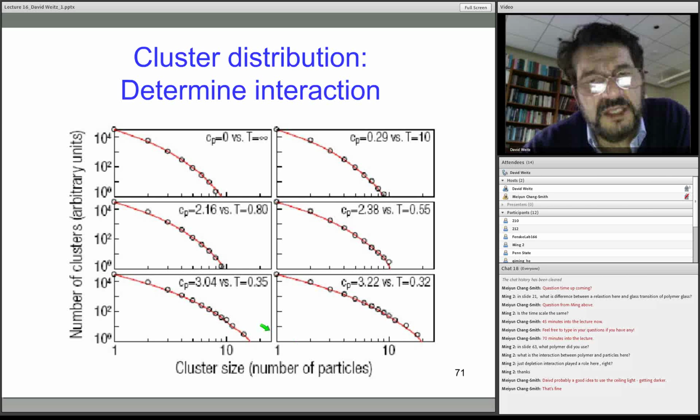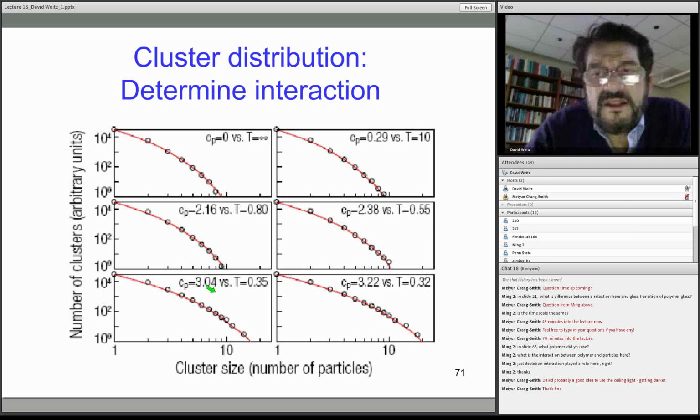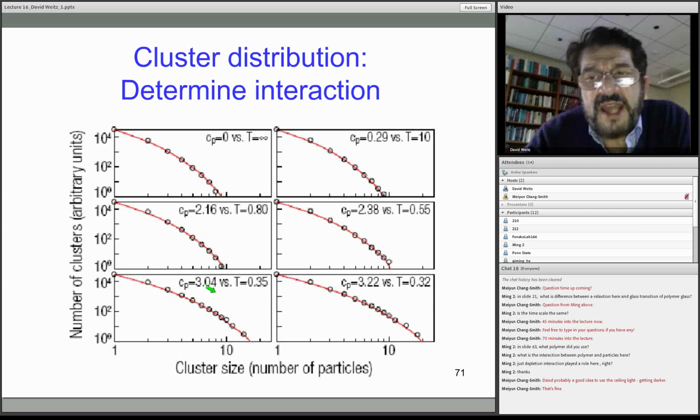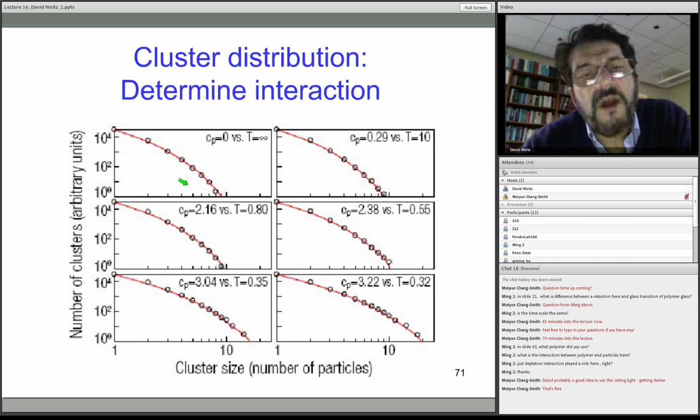Francesco Sciortino do very simple simulations that predict what the distribution is as a function of effective temperature, of interaction energy. They fix the interaction energy to change the temperature. What you're doing is measuring it as a function of interaction energy over temperature. So this gives you a way of converting from polymer concentration to an actual temperature just by looking at these simulations.